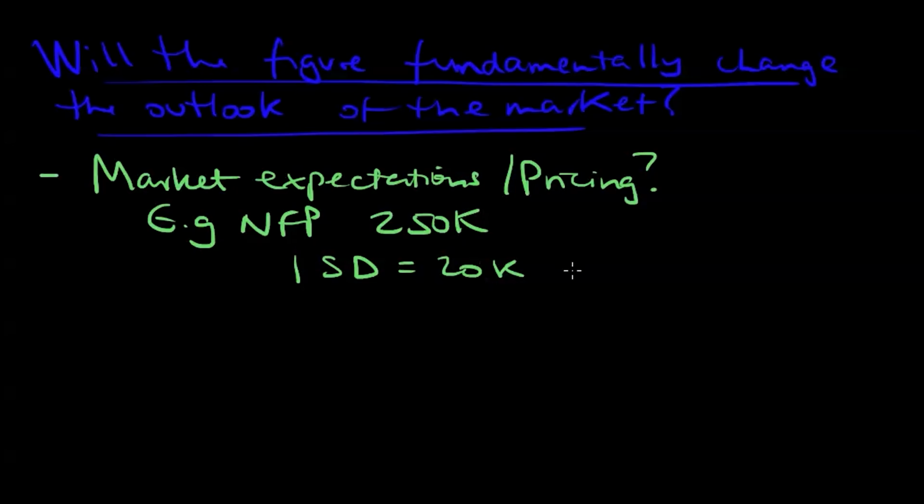Then a standard deviation move higher is 270K, and lower is 230K. I'll trade something above 270K differently than something within this range, and definitely differently if it comes below 230,000.